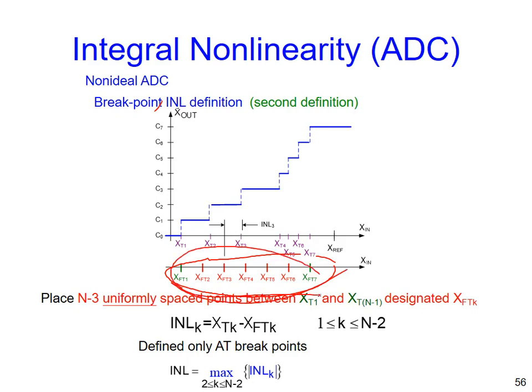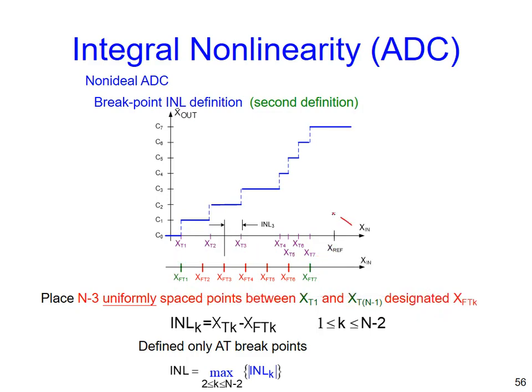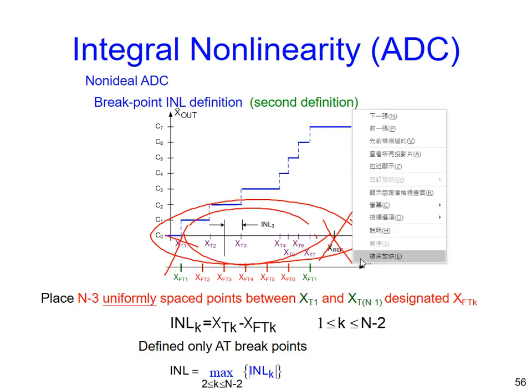This is the measurement result. We just focus in the middle. We get rid of the first and the last. And we suppose if it is ideal, then the other breakpoints inside should be uniformly distributed. That's it.